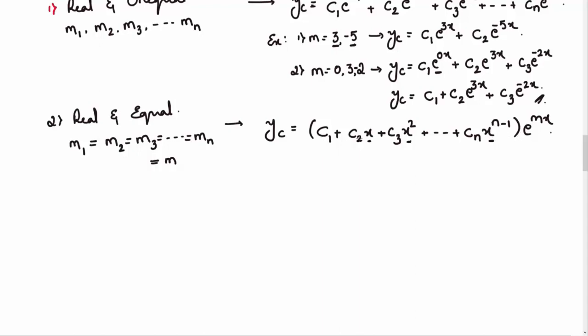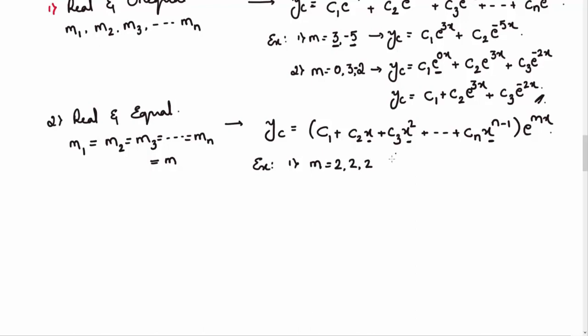Now constant plus constant is again a constant. Like that, if we add all these n constants, you'll be getting only one constant. So in order to have the difference, we'll be multiplying with x, x square, and so on, x to the power n minus 1.